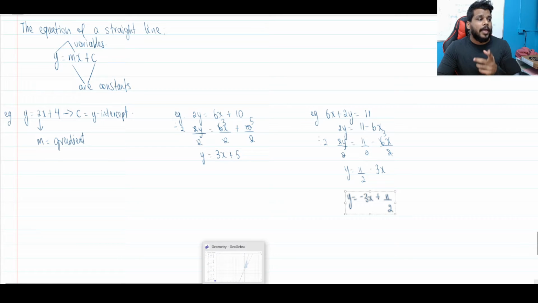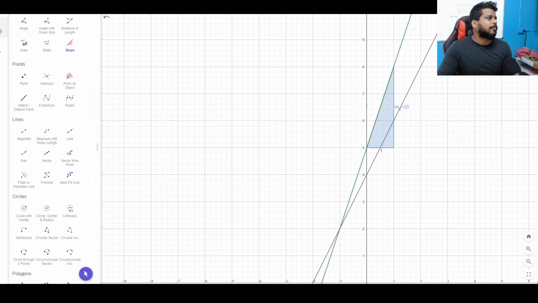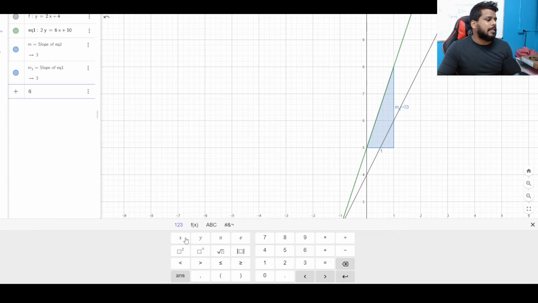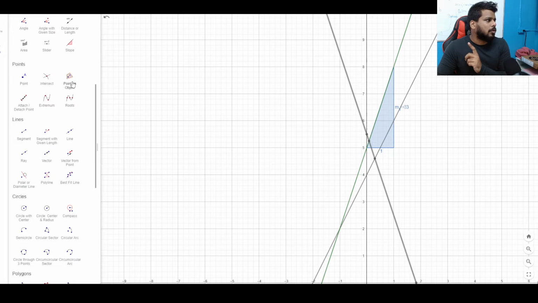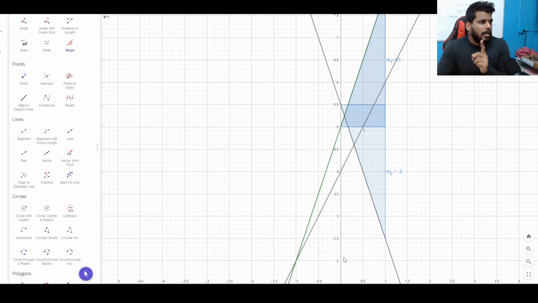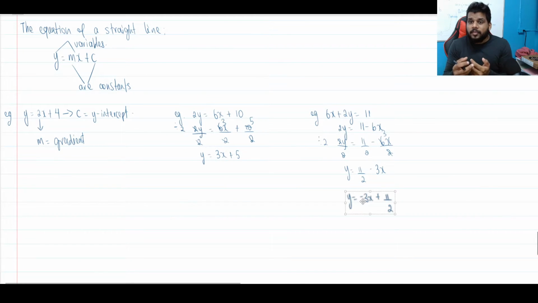If I draw 6x plus 2y is equal to 11, based on my equation down here, the gradient is minus 3. Let me check it out. The gradient of this line is indeed negative 3, and the y-intercept is indeed 5.5 or 11 over 2. So based on my equation, I get that information when I look at it: the gradient is minus 3 and the y-intercept is 11 over 2.